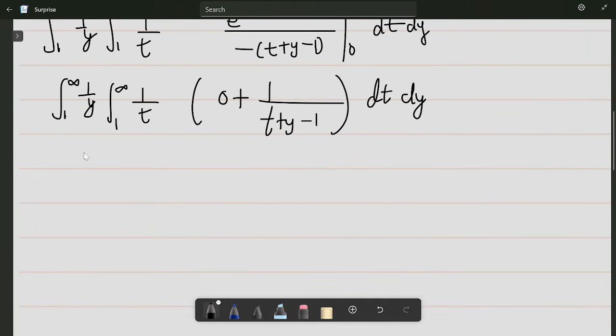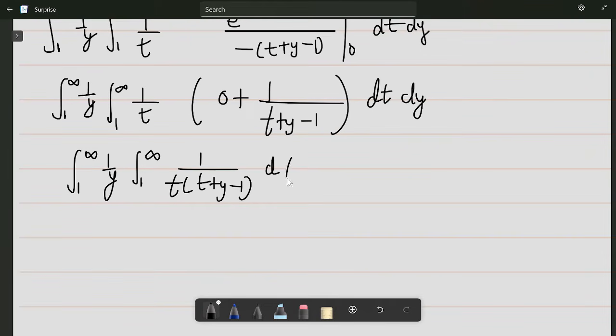So now the integral from 1 to infinity of 1 by y, and the integral from 1 to infinity of 1 by t times (t plus y minus 1), dt dy.